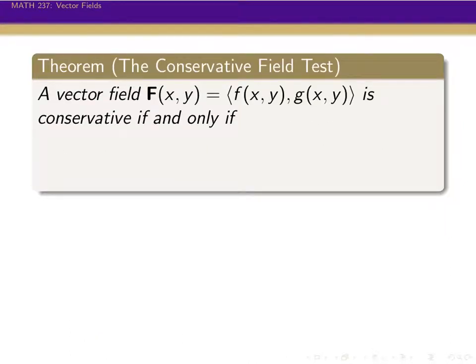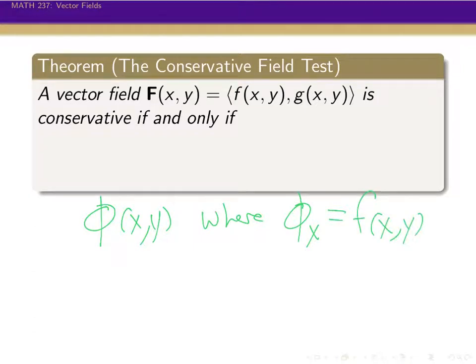Okay, so how can you actually tell that a vector field is conservative? Remember, if it's conservative, then that means there exists some function phi where, if I take the partial of phi in terms of x, I get that component, and if I take the partial of phi in terms of y, I get that component.